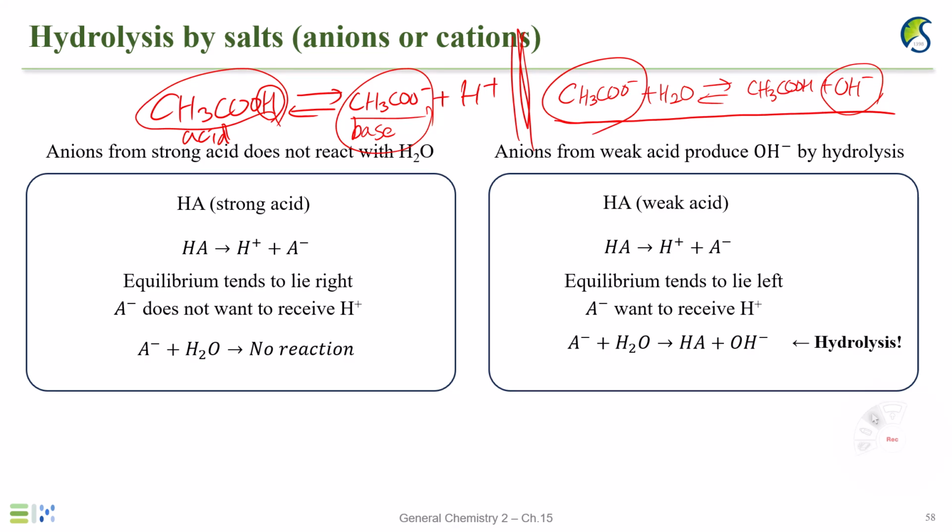So let's imagine some situations where you have this material. Instead of H plus, you have sodium ions, and this is a very well-known material. Let's imagine that you put this substance into water, and what's the pH of the water?